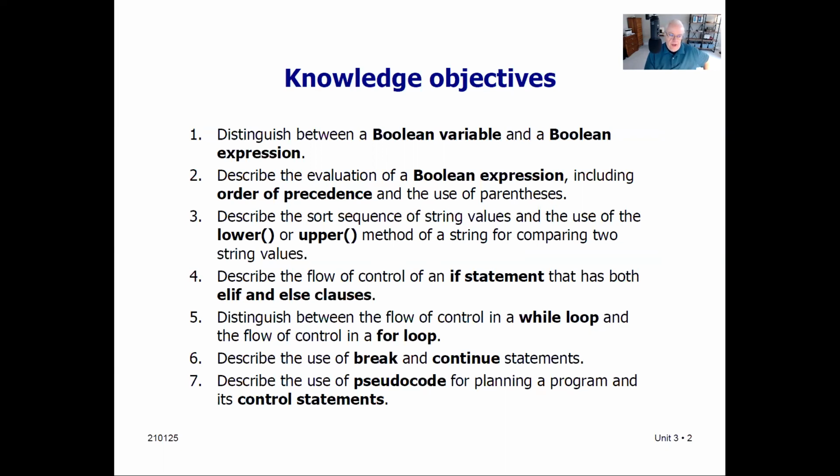So we need to understand the lower method and the upper method that change the case of whatever is between the parentheses. There's only one parameter in those methods, and it is the object that we want to change from upper to lower. I know that's hard to understand.